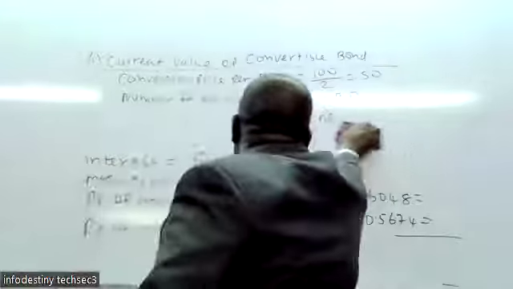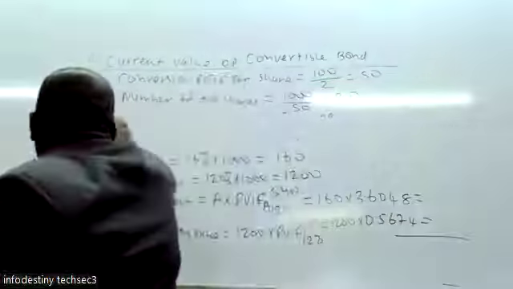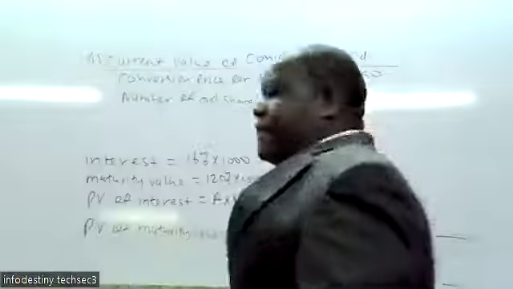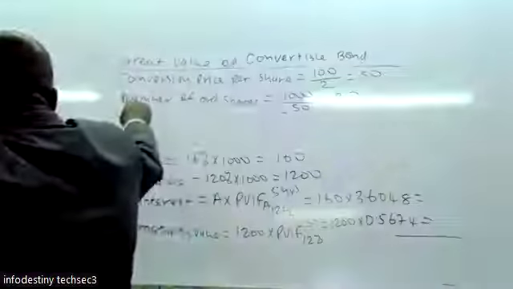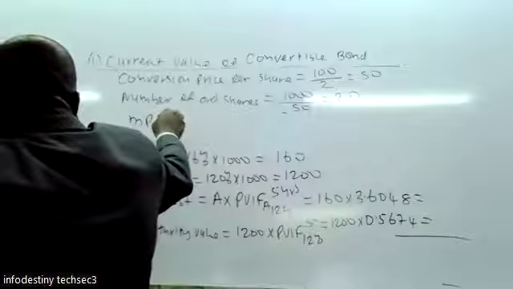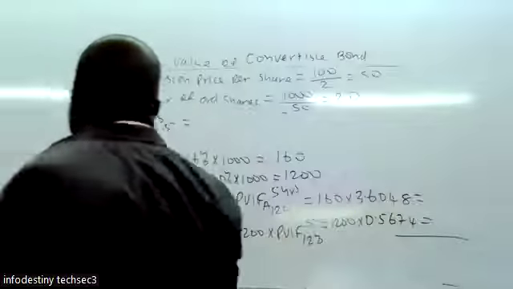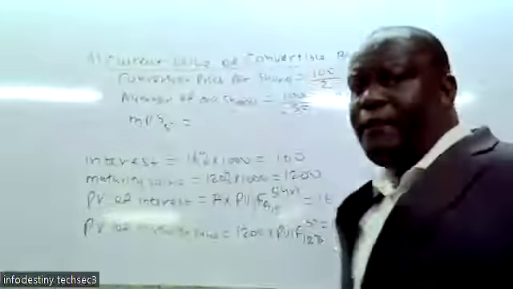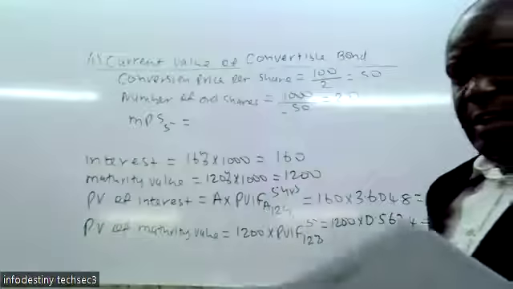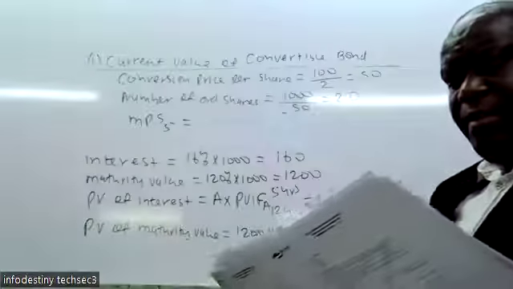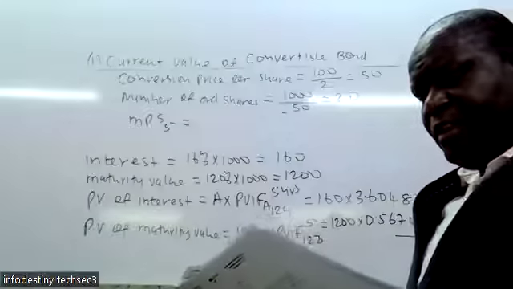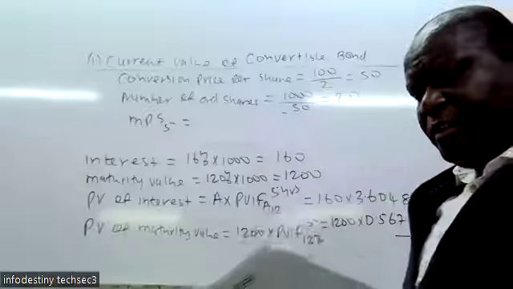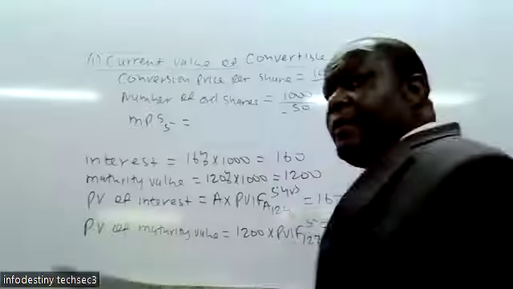Then after 5 years, the price is increasing at how much? So get the market price per share in year 5. They had said each ordinary share is currently trading at the Securities Exchange for 50 shillings.